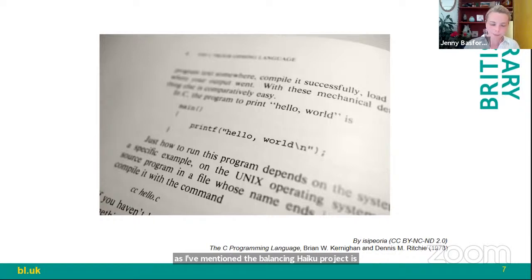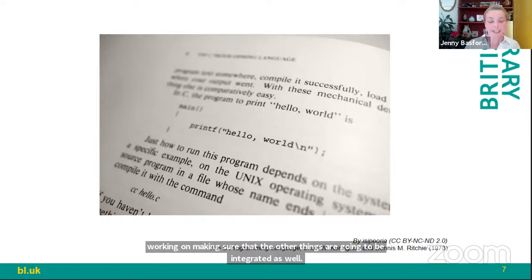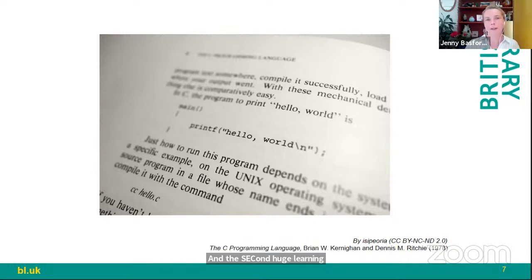And the second huge learning curve that we're just going through now is migrating not just to a new supplier, but to version 3 as opposed to version 1, because the migration meant going to a vanilla Haiku version 3 from a highly customized Haiku version 1. So we've lost all of these nifty features that we used to have because we failed to feed them back.